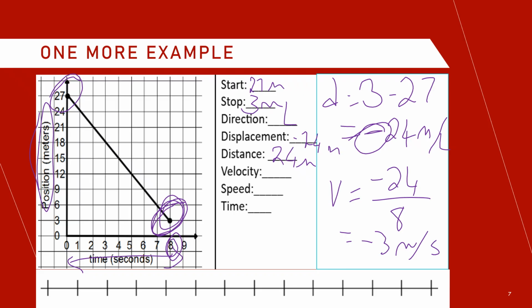So we can write that minus 3 meters per second, so to the left.